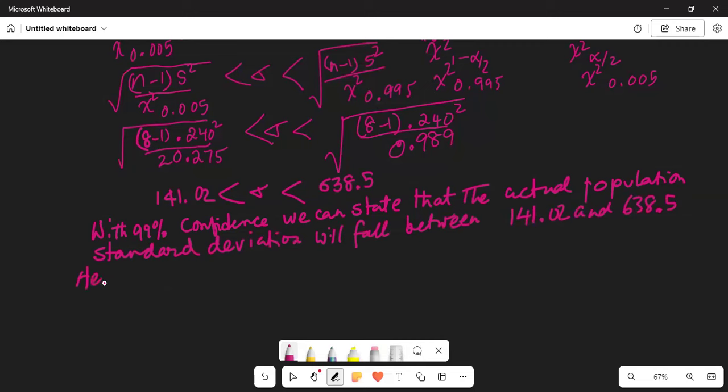Hence, the standard deviation value of 300 is well inside the 99% confidence interval.